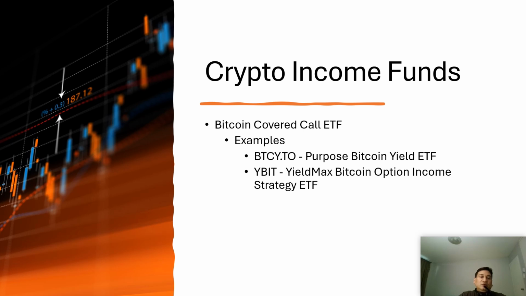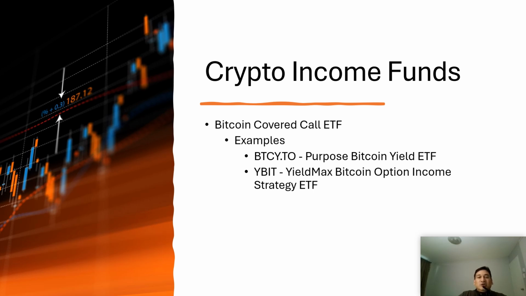The examples of two funds which generate income would be BTCY, a Bitcoin yield ETF from a company known as Purpose. The fund name is Purpose. And there's another one, YBIT, which is listed on U.S. markets, and it's a product from the Yield Max funds. Yield Max Bitcoin option income strategy exchange traded fund.